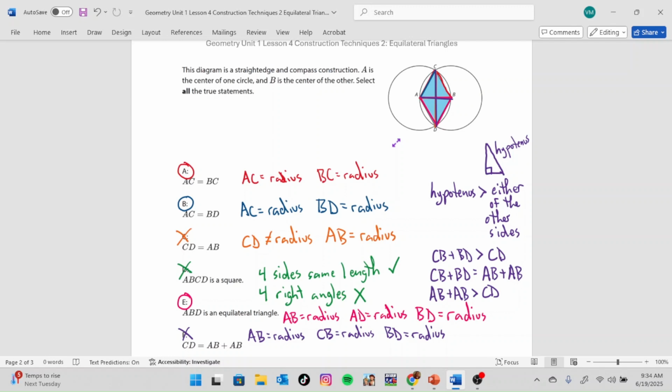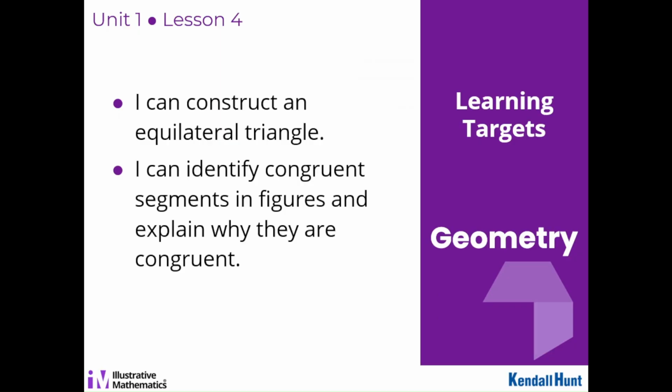Now, before we wrap up this lesson, let's go back, review the learning targets, and ensure you understand everything you need to from this lesson before moving forward to the next. So looking back on the learning targets for Unit 1, Lesson 4. Learning target number 1 says I can construct an equilateral triangle.